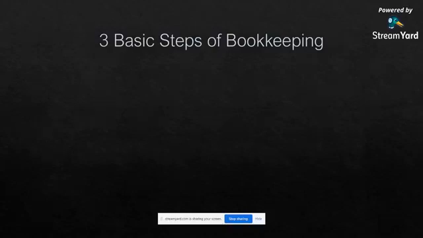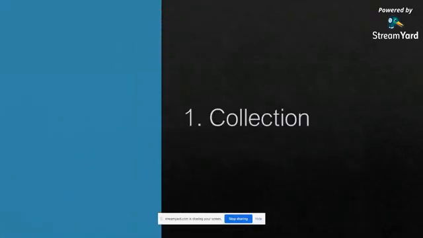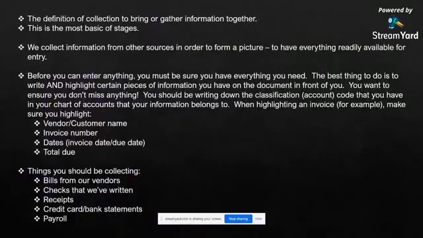Okay, so the 3 basic steps of bookkeeping. So number 1 is collection. Number 2 is processing. And the final is reporting. Now, we're going to break these down. Collection. What is collection?